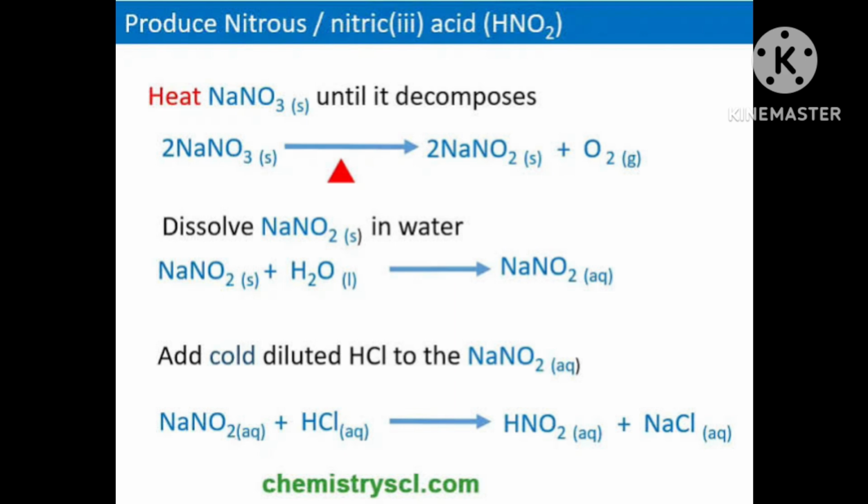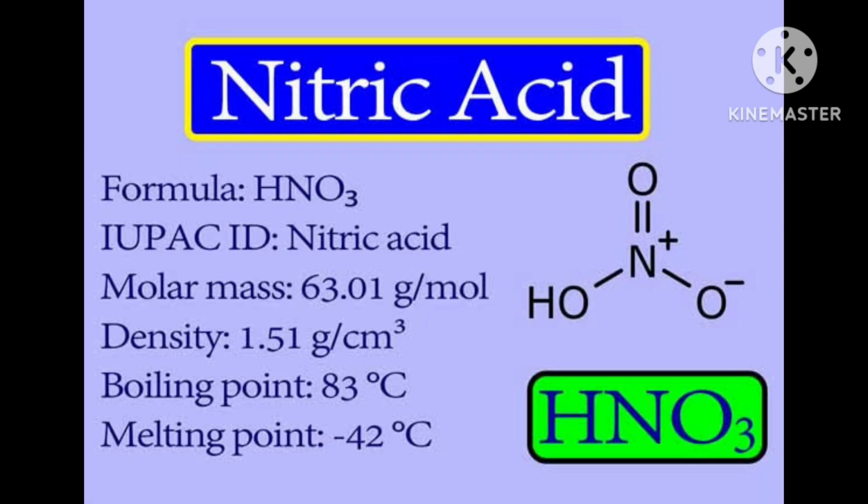Now the reaction I am telling you: I2 plus 10HNO3 gives HIO3 plus 10NO2 plus 4H2O.